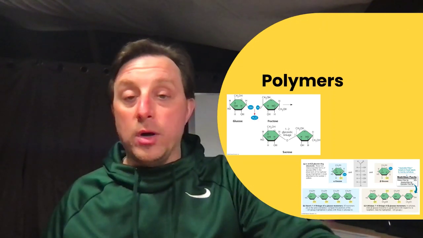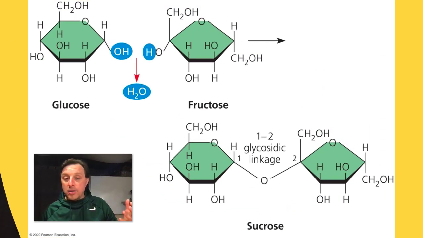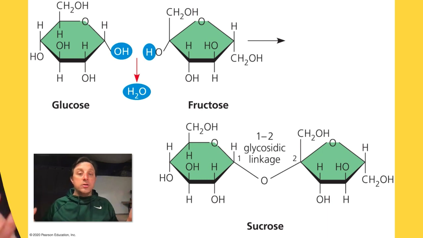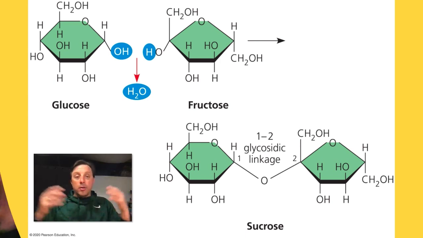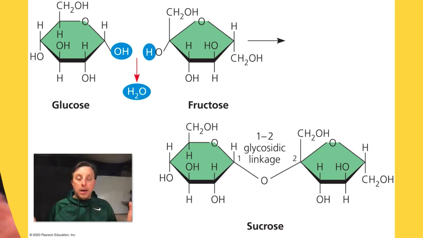We have one example here of a disaccharide, sucrose, ordinary table sugar, and we see our dehydration reaction. The OH group and the hydrogen from the 2 different monomers come together, forming the water molecule. The water molecule is released, and there is this covalent bond that forms, holding the 2 monomers together, making the disaccharide.